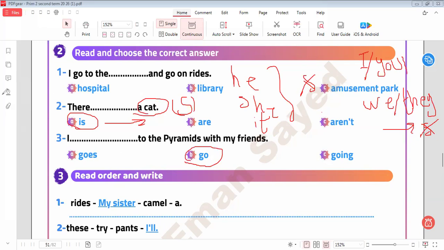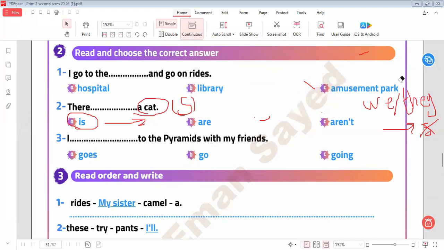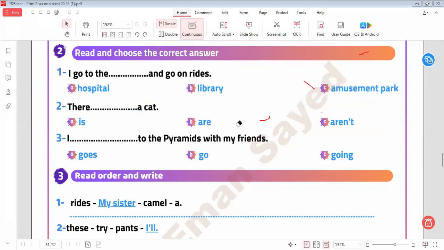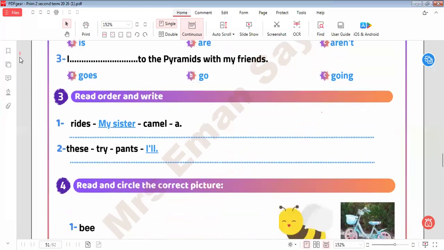Let's go to another kind of question that will be in your exam test. I will practice with you how to answer in your exam test. Here we have unscramble or rearrange. It will be subject plus verb plus object.